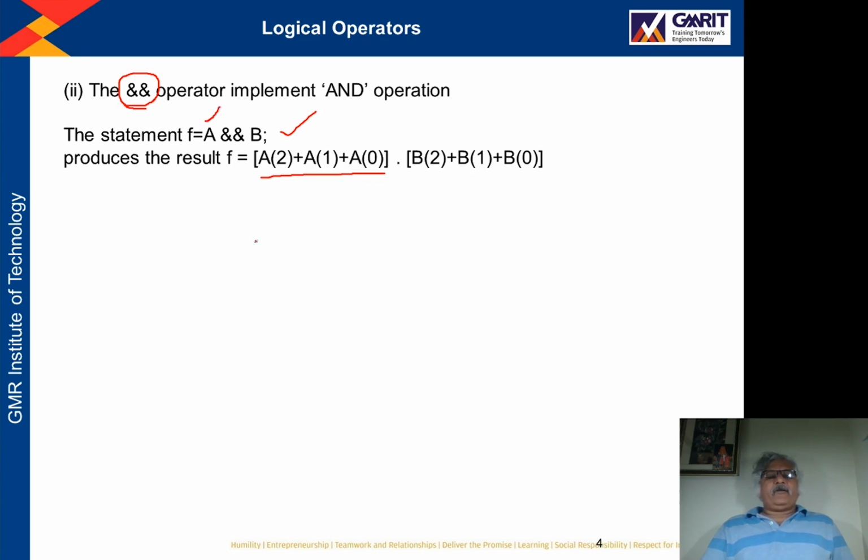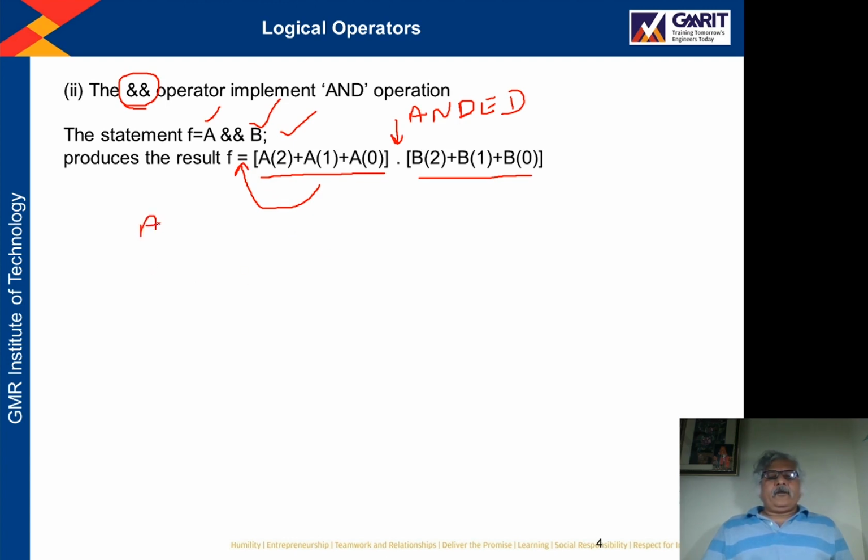All the 3 bits of operand A will be ORed, and all the bits of operand B will be ORed. So whatever is the result, that will be ANDed, and you will get a single bit result, and that will be assigned to F. We take one example.